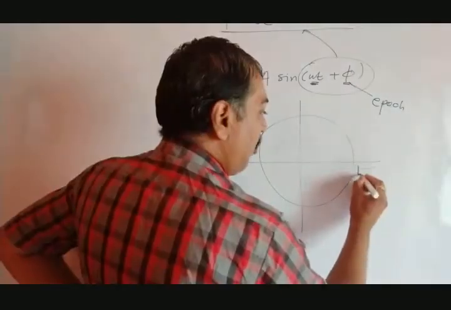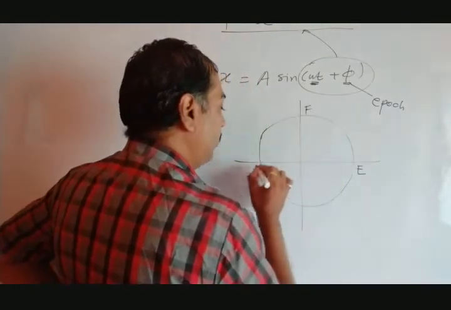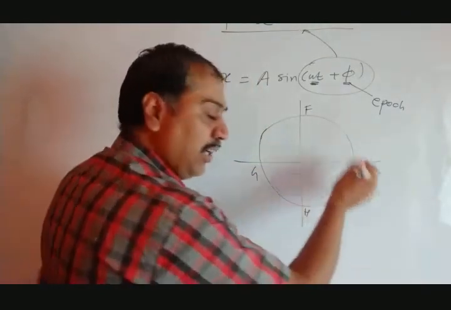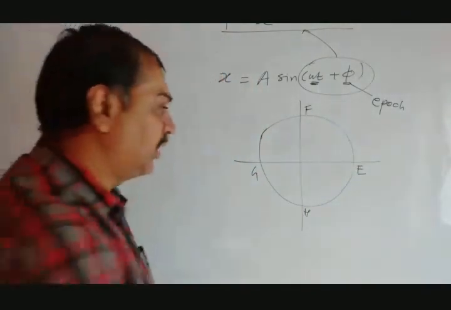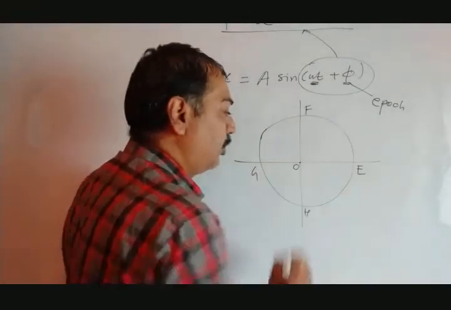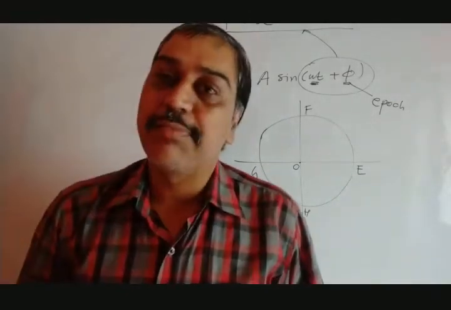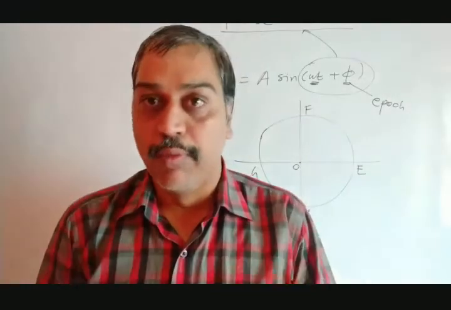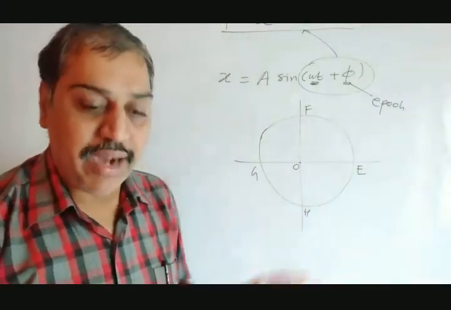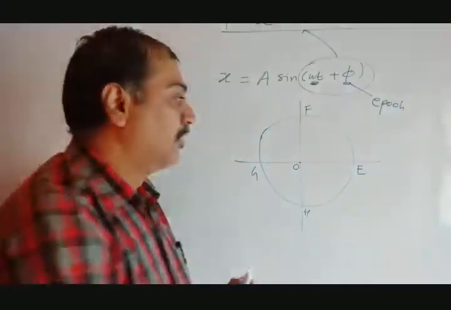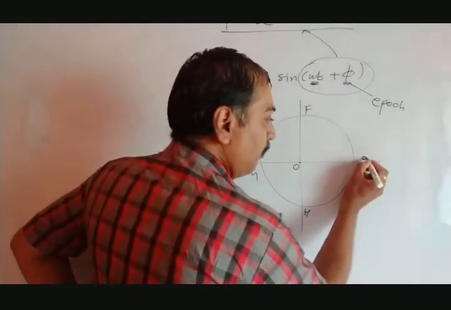Again take these points as E, F, G, H. I have changed the names a little bit now. E, F, G, H. Let us consider this as the origin O. We have the circle, and we have divided the circle into 4 equal parts. So this can be assumed as 0.